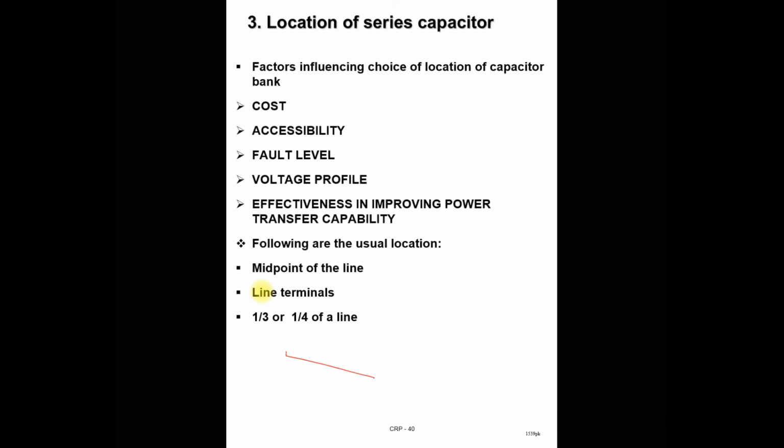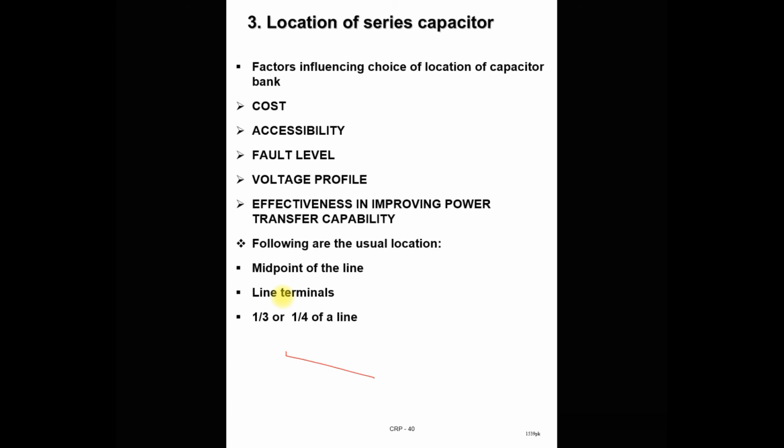The effectiveness of the compensation scheme depends on the location of the series capacitor. So when you choose any compensation scheme, like at the midpoint or at the terminal of the line, before putting the series capacitor you require a detailed study regarding the overall economy, meaning consider the economical point of view as well as the reliability of the system.